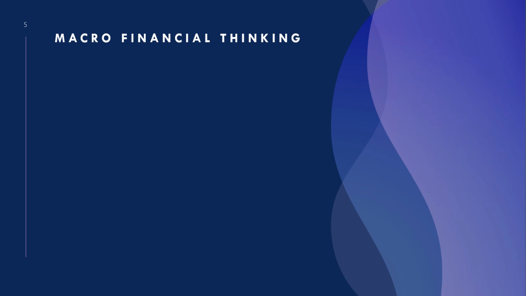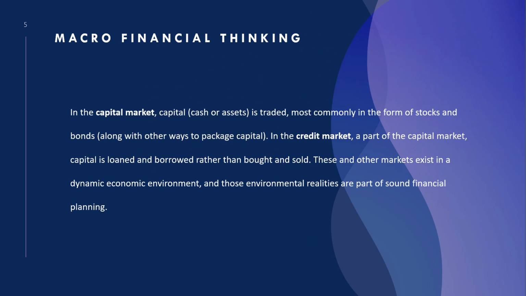The capital and credit markets will need to be considered because they influence access to loans, interest rates, and investment returns. In the capital market, capital, cash, or assets is traded, most commonly in the form of stocks and bonds, along with other ways to package capital. In the credit market, a part of the capital market, capital is loaned and borrowed rather than bought and sold.